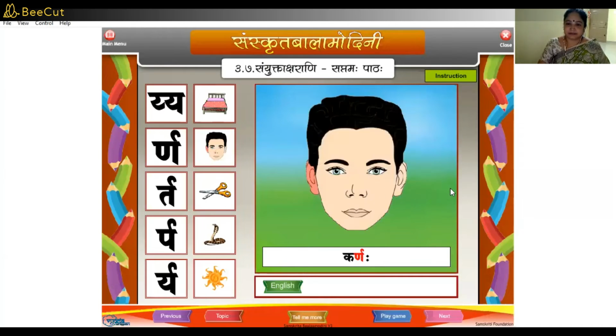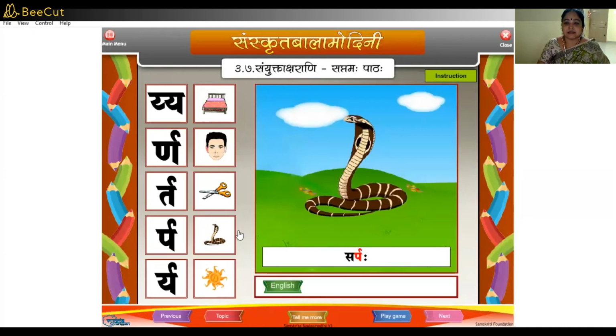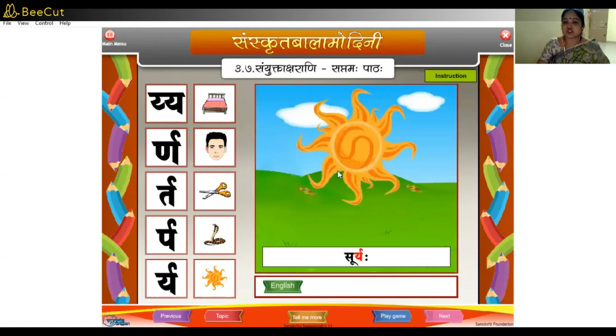Karnaha, ear. Sarpaha, snake. Suryaha, sun.